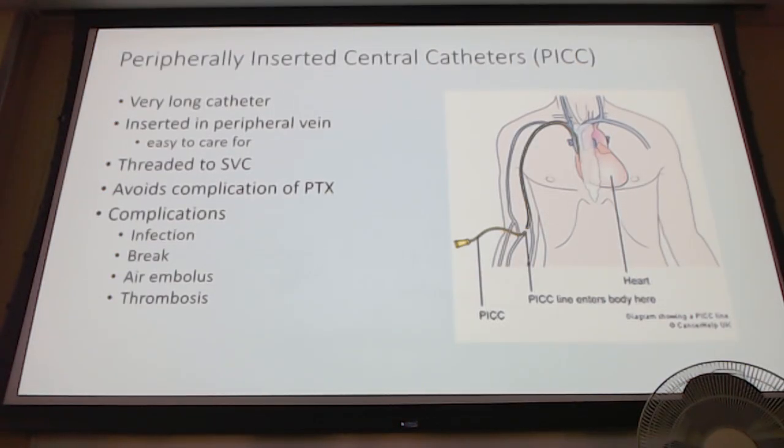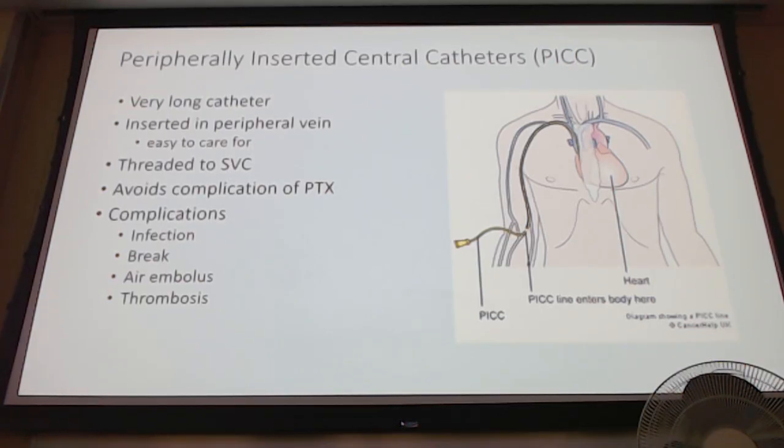Alright. PICCs. So peripherally inserted central catheters, they're called central catheters because the tip ends in the right atrium or just before the right atrium. Okay? But they start in the cephalic, in the upper arm.